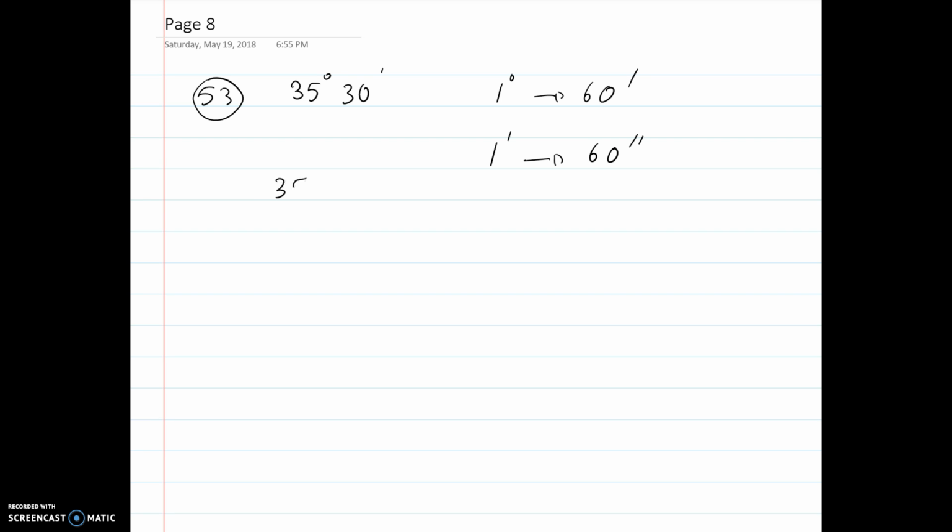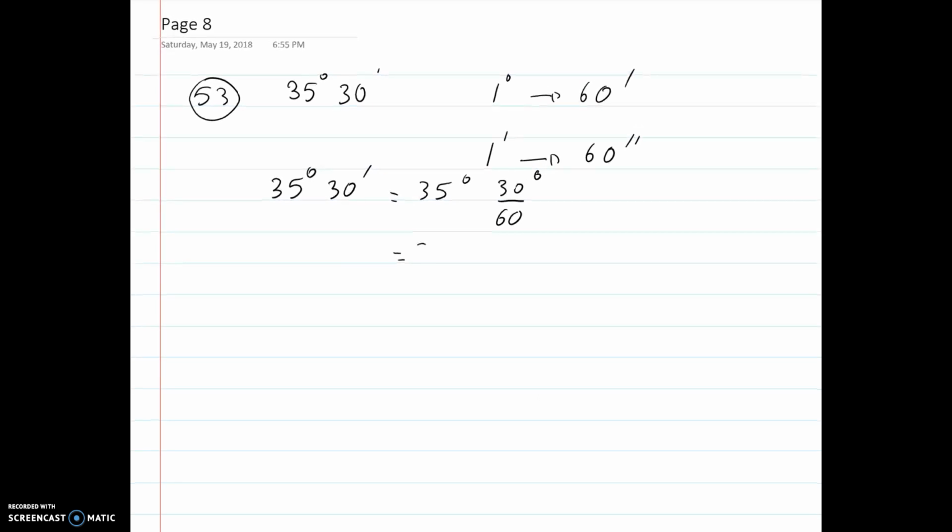Therefore, 35 degrees 30 minutes is equivalent to 35 degrees and 30 over 60 of a degree, which is 35 degrees plus 1 over 2 degree, and we end up with 35.5 degrees. Problem number 53.